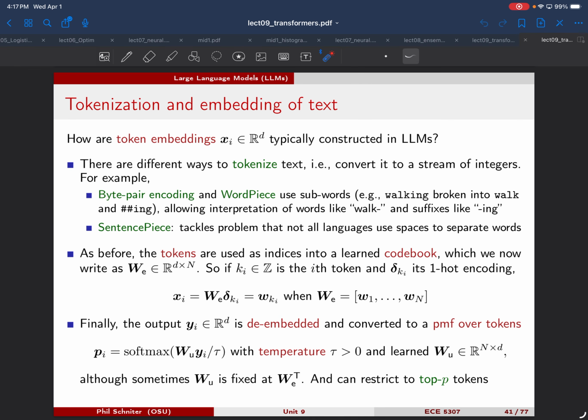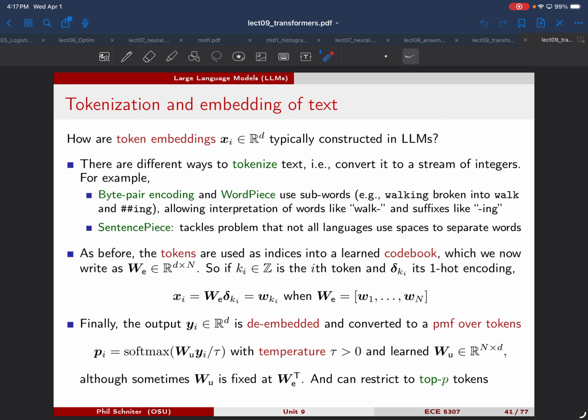If you remember, this is the process of converting, well, in the Shakespeare data set, we converted single characters into vectors. When you work with a real LLM, you don't work on single characters. You also don't work on whole words. Usually you work on pieces of a word.